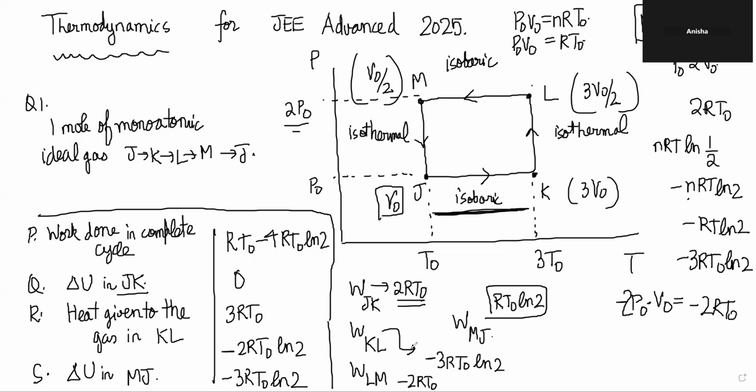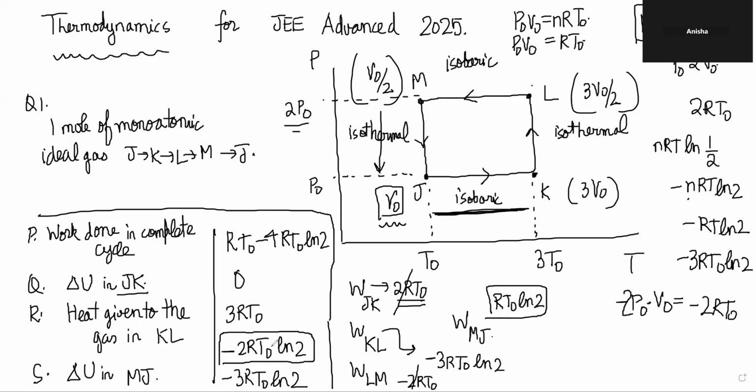Correct. It is positive work done because you can see that the volume has increased here. It's expansion. So the total work done in the complete cycle, this cancels with this, and then RT naught ln 2 minus 3 RT naught ln 2, so minus 2 RT naught ln 2.